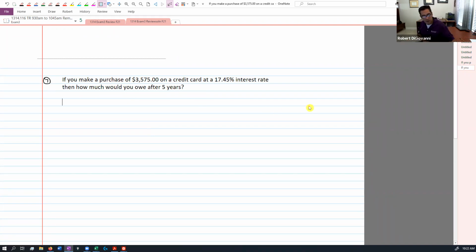So same formula. This is P, this is R, but we convert it over. So 0.1745, this is still T. So the amount would be 3575 e to the 0.1745 times 5. And I'm going to pop that in my calculator and then I'm going to be disgusted by how much it is.